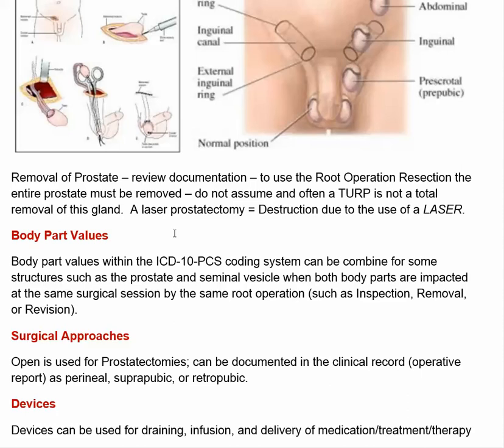You also have the ability to identify the vas deferens bilaterally, the body part value of Q. So if you are seeing a physician is doing a procedure and you're seeing that it's on more than one body part, but it's the same root operation, you may want to look. If you don't get that in the alpha index, when you get to the table, you may want to note that to look to see if there's a combination, one body part value character that identifies more than one organ.